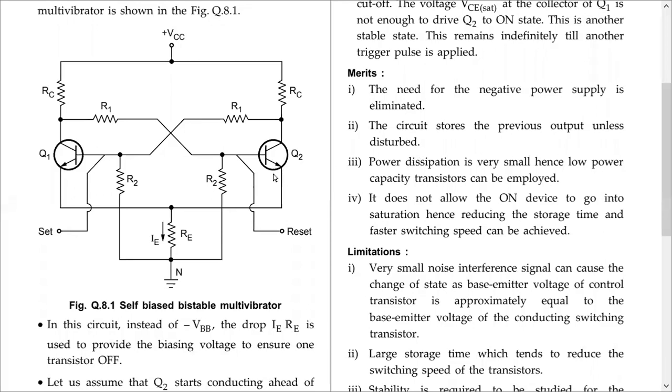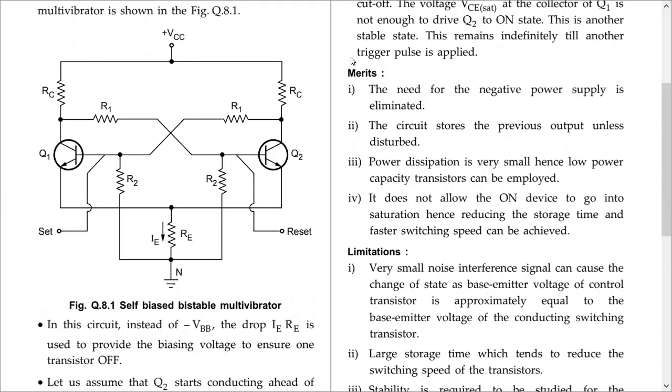Now let us consider the case when we give a set pulse to turn on Q1. Immediately Q1 turns on, and the situation will be Q1 on, Q2 off. Because this is a symmetrical structure, the explanation I have just given is valid vice versa: wherever we had Q1, you mention Q2, and wherever we have Q2, you mention Q1.